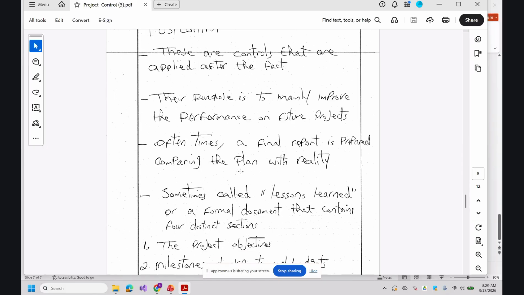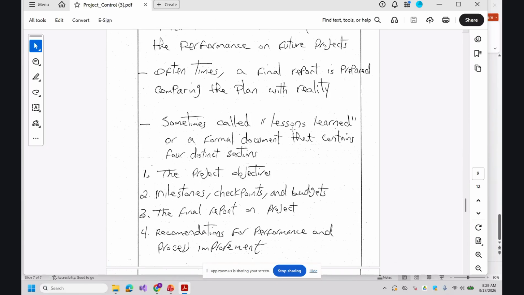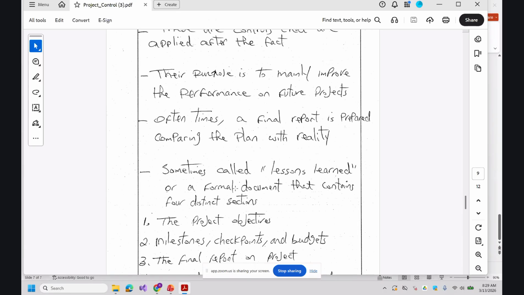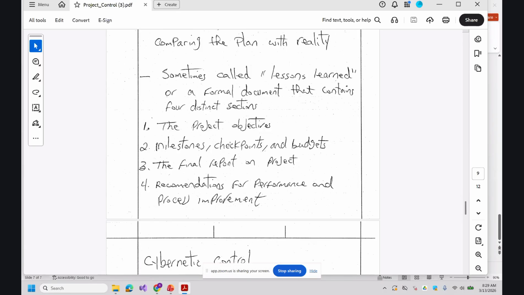Sometimes it is called lessons learned, a formal document that contains four distinct sections: the project objectives, milestones, checkpoints, budgets, the final report, and then recommendations for performance and process improvement for the next project. So this is called post control.